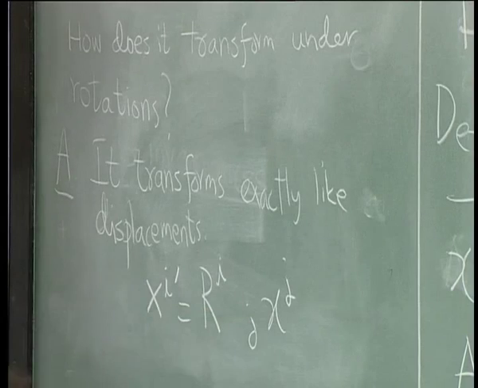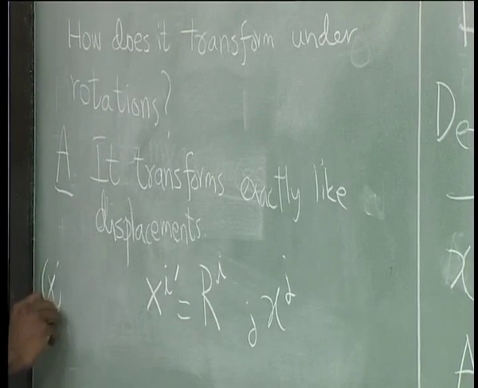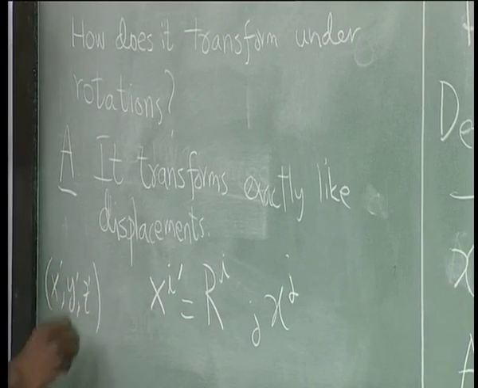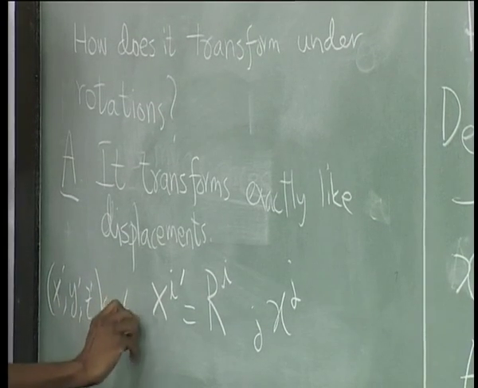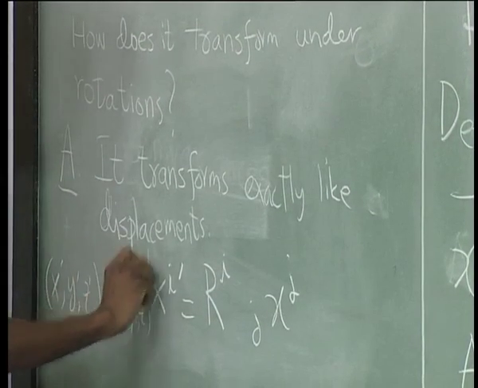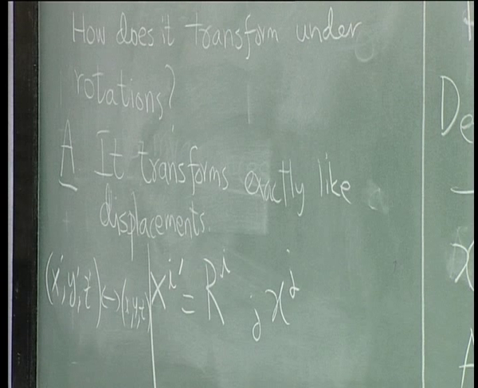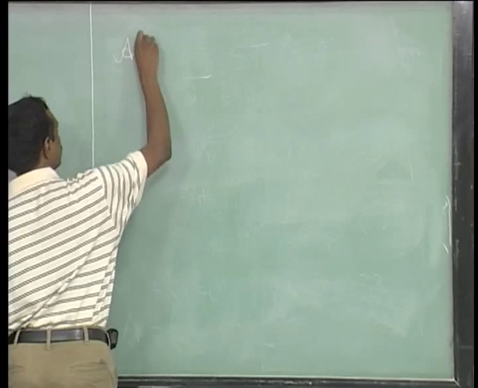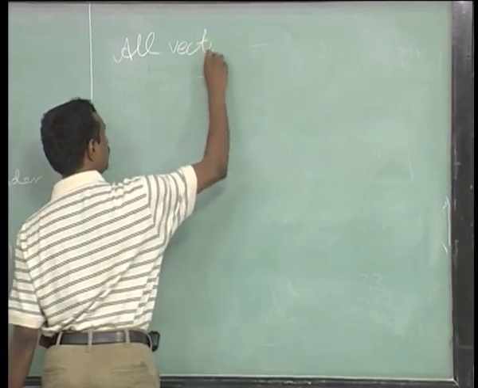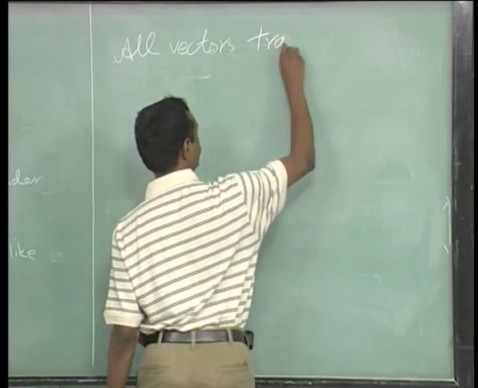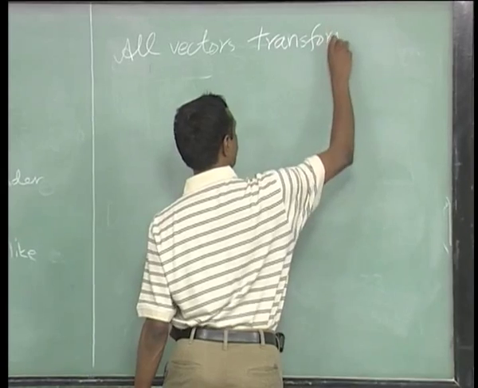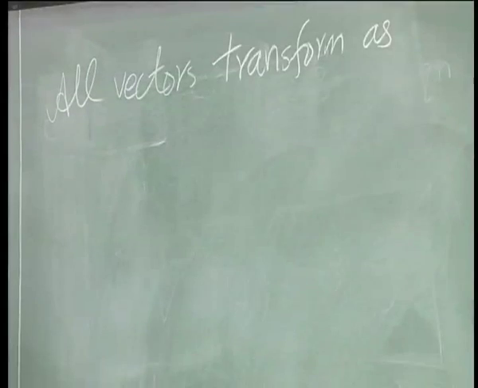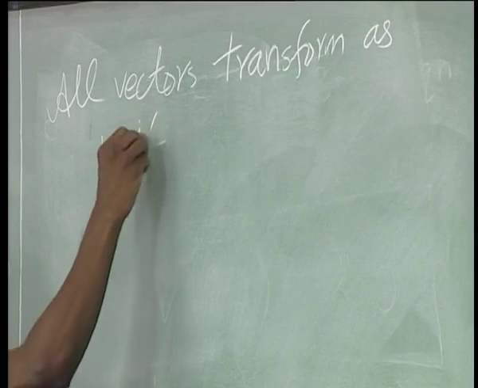So, we are going from coordinates x prime, y prime, z prime to x, y and z, which I write as x 1, x 2, x 3 as here. So, the statement is that any vector, we will call any object a vector, or better, all vectors transform exactly like this, except you write some arbitrary vector.